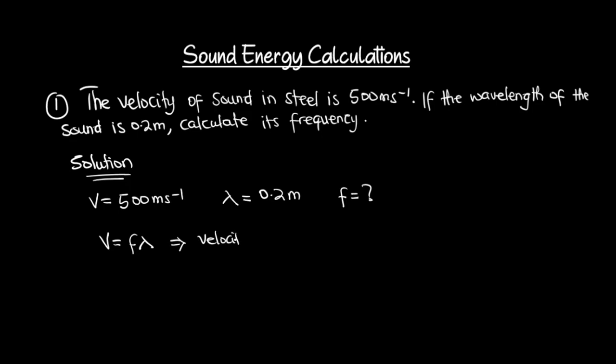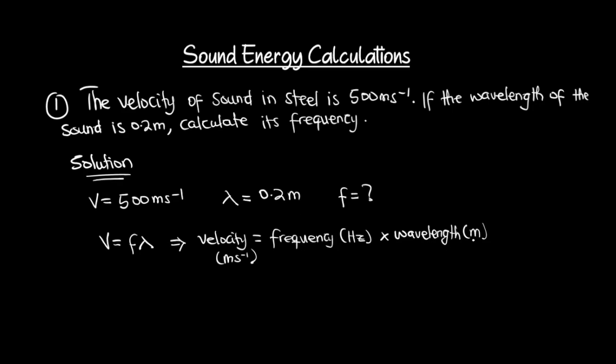In waves, velocity is equal to frequency in hertz multiplied by wavelength in meters, and the velocity itself is in meters per second. So this is the formula: velocity is equal to frequency multiplied by wavelength. Note that the frequency is in hertz, and the wavelength is in meters.